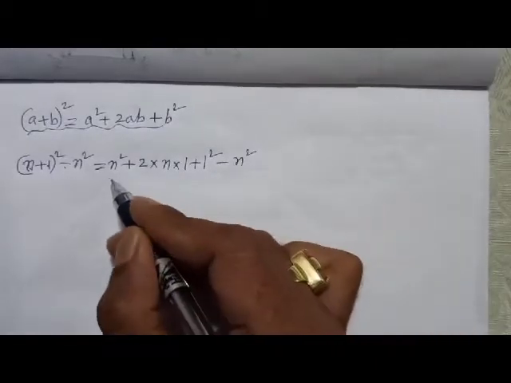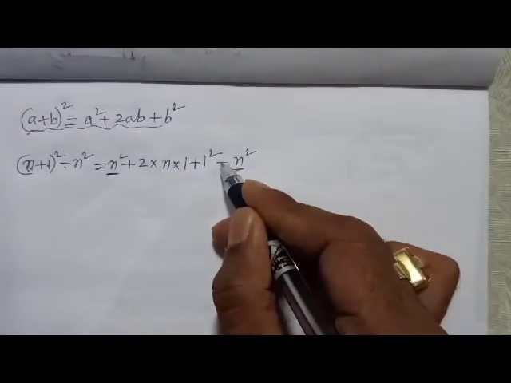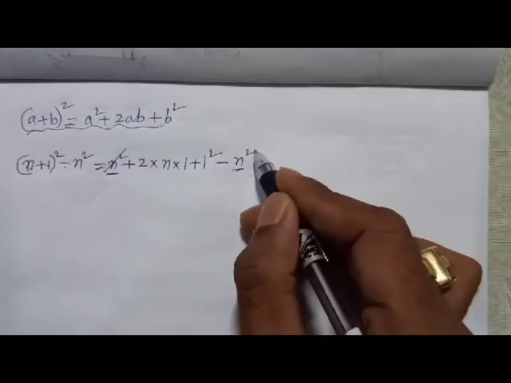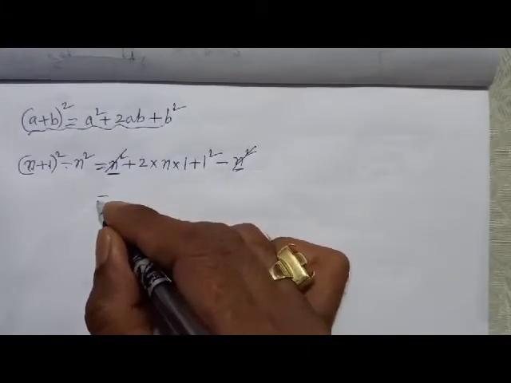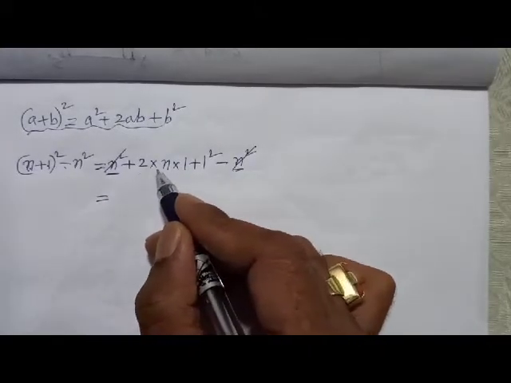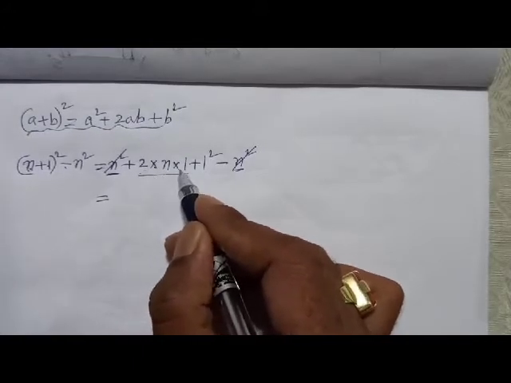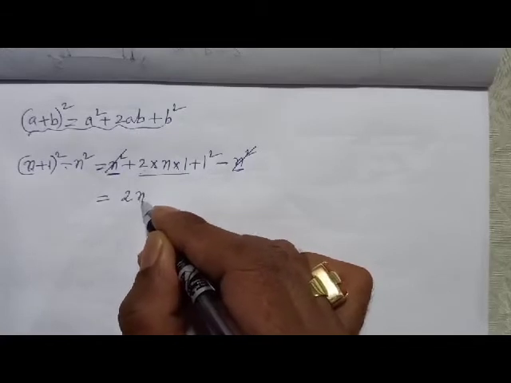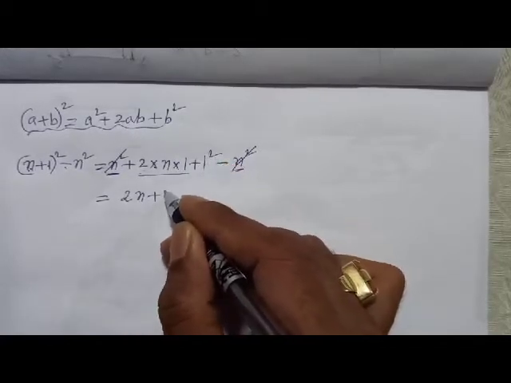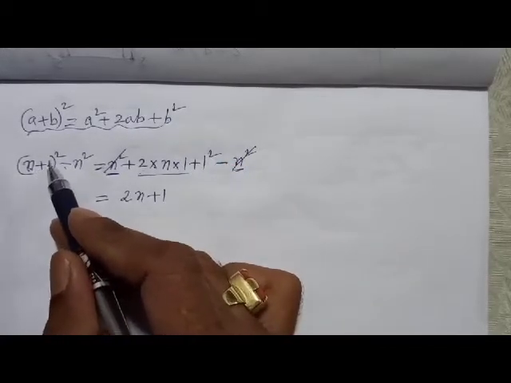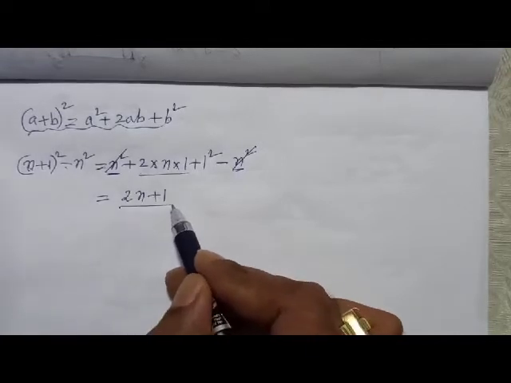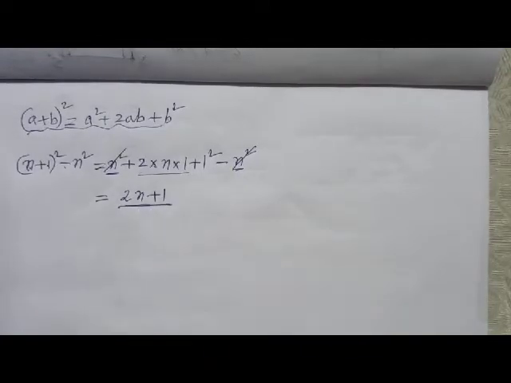The n square and minus n square cancel to 0. Multiply, we get 2 into n into 1, that is 2n, plus 1 square, that is 1. So (n plus 1) whole square minus n square.